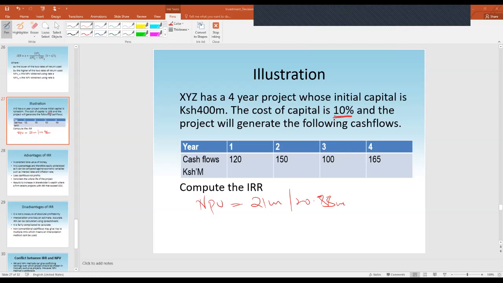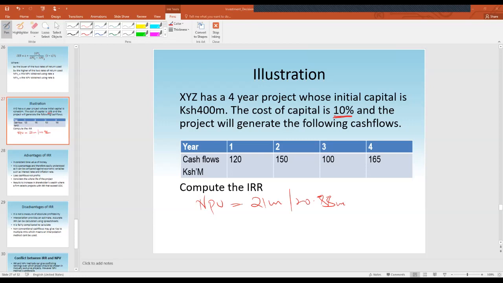Should I use a higher or lower discount rate? You should use a higher discount rate. Yeah, thank you.